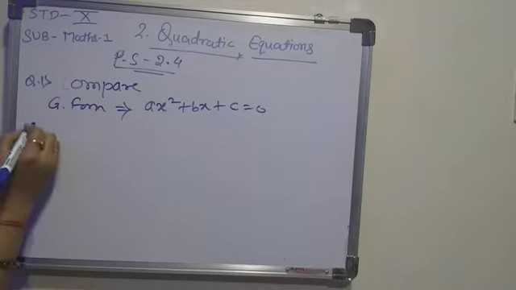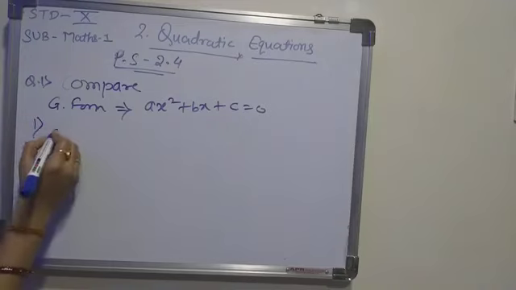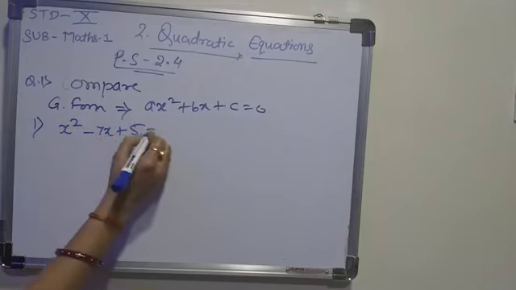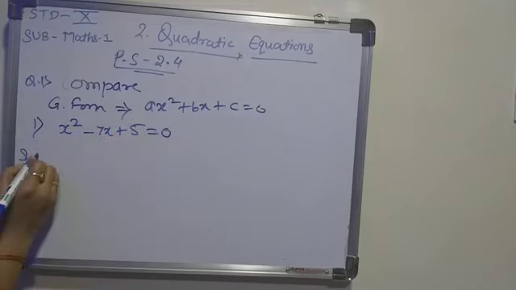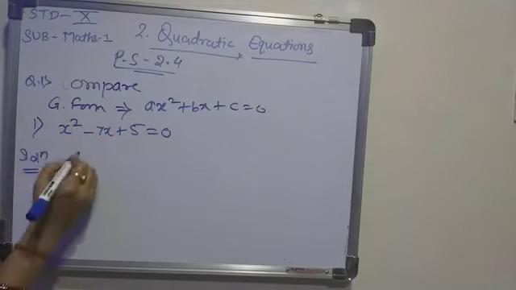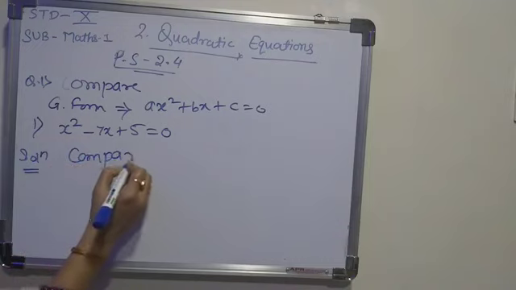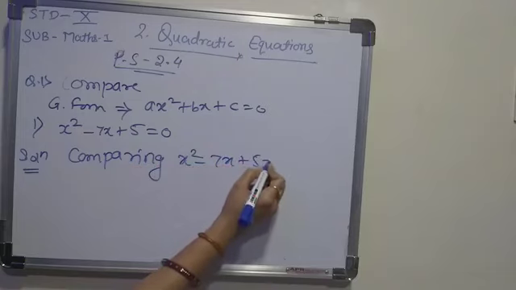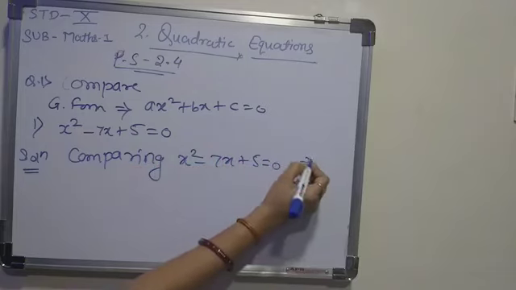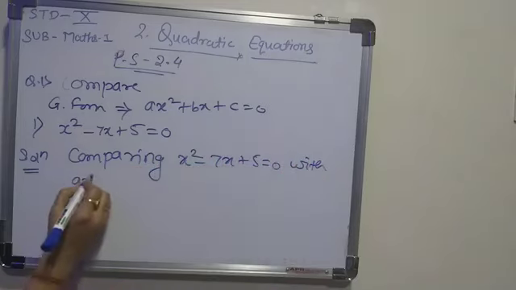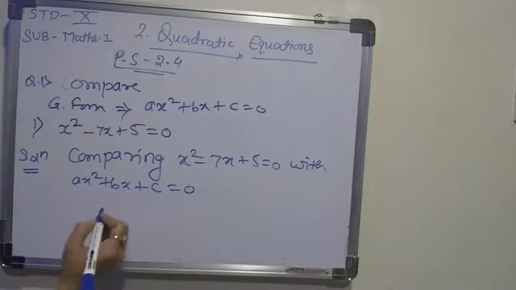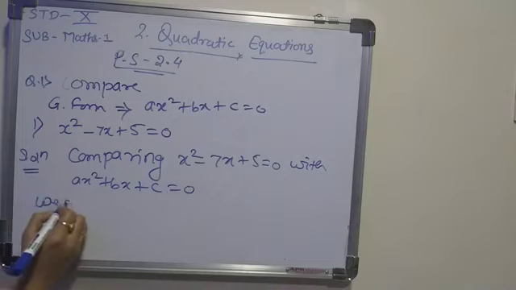The first part of question number 1 is x square minus 7x plus 5 is equal to 0. So how are you going to write? Comparing x square minus 7x plus 5 is equal to 0 with ax square plus bx plus c is equal to 0, we have to write the values of a, b and c.